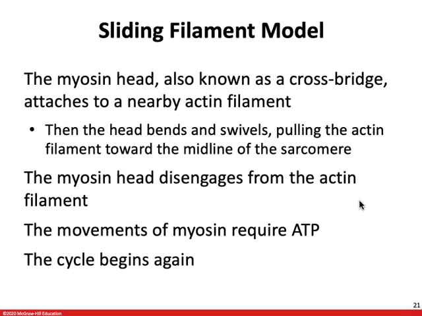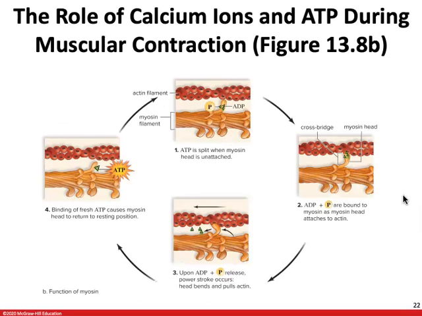We'll see that in our next slide. But the ability to do this, just like pulling that rope requires energy from you, the movement of the myosin heads is going to require ATP. Every little movement of that contraction of that fiber is going to require huge amounts of ATP. And it's going to move in a cyclical pattern.